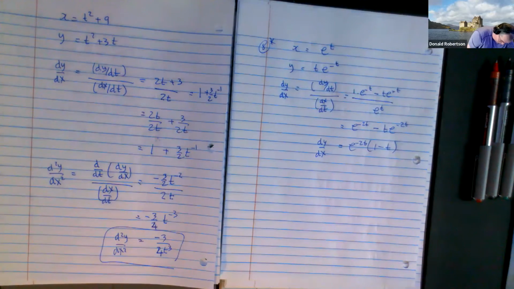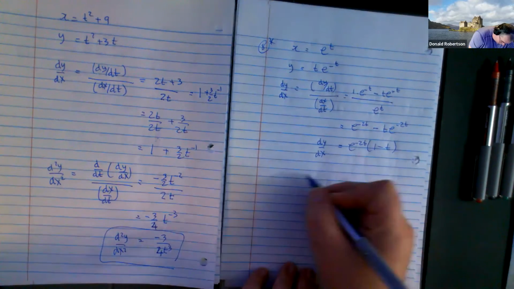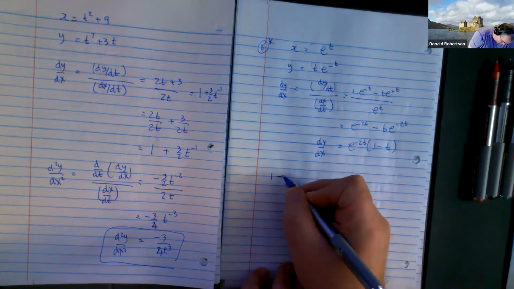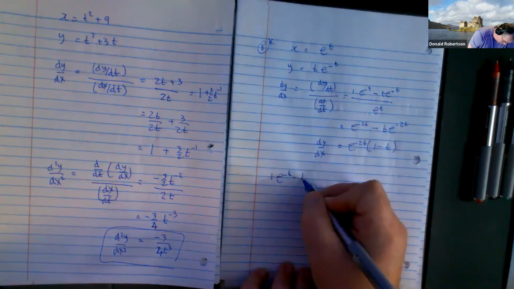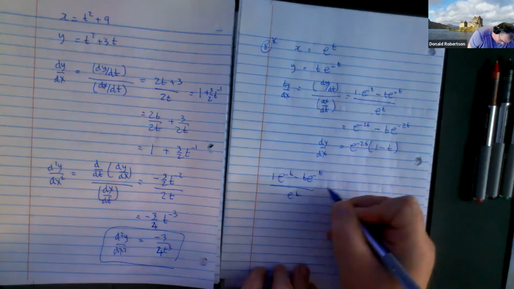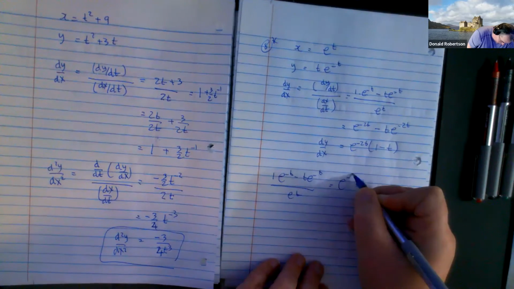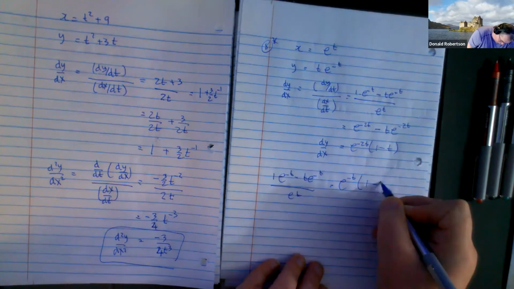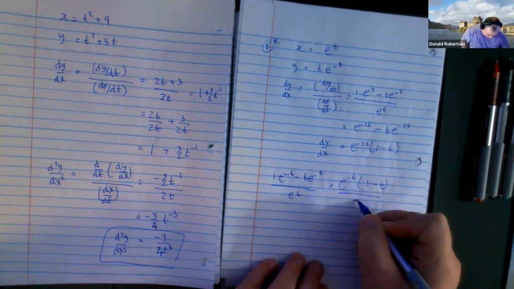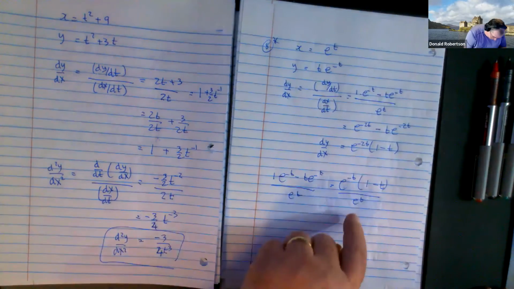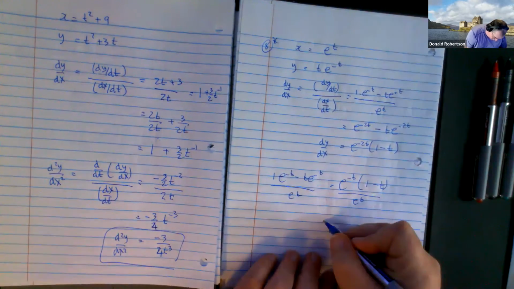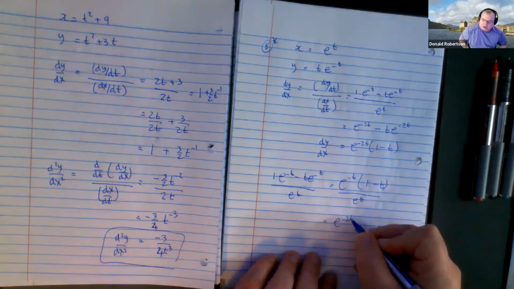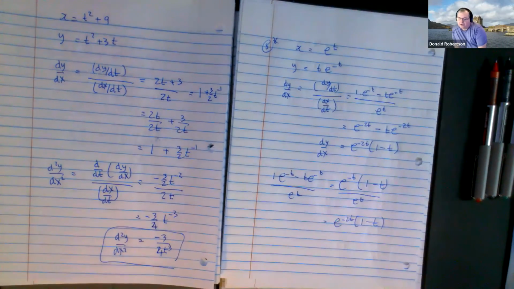Actually, I could get that answer a slightly better way. If I pull out e to the negative t as a common factor, couldn't this one come upstairs and that would get me the same result? That might be a little bit cleaner. Are you comfortable with what the thing is?